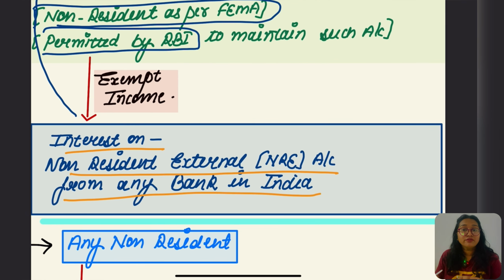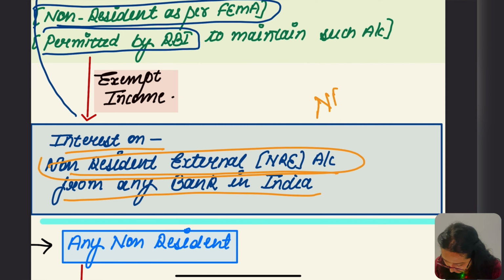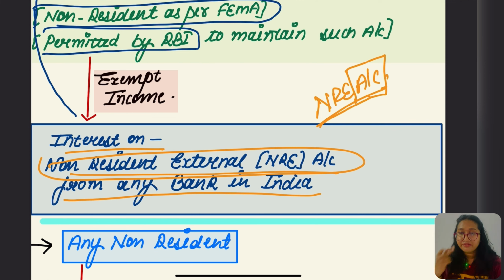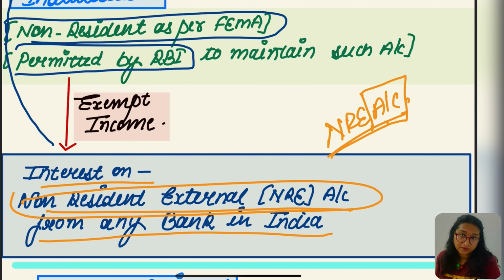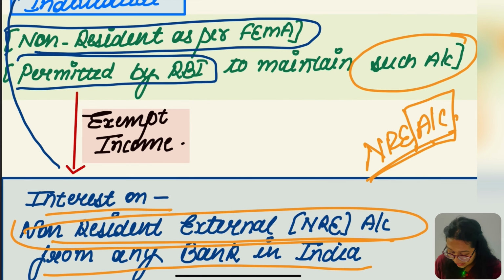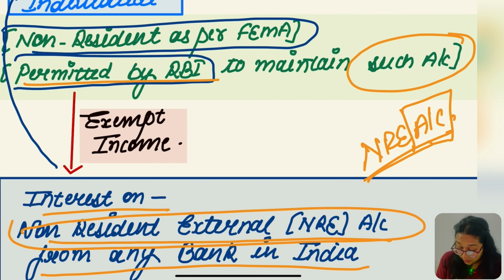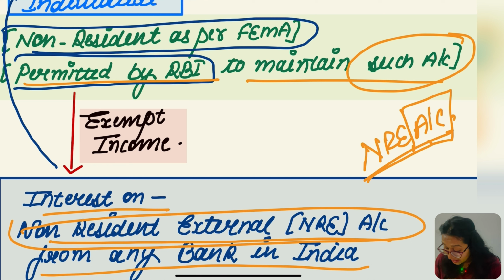Any individual who earns interest income from a non-resident external NRE account, if the individual is a non-resident as per FEMA first of all, or any person who is permitted by RBI to maintain such account.